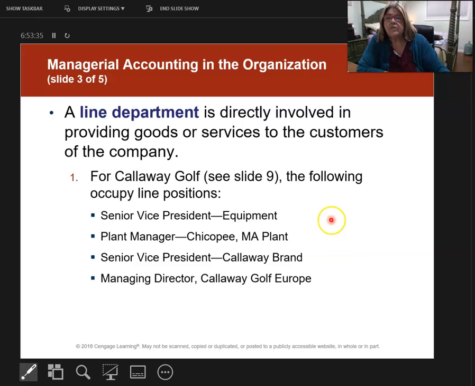Examples of line departments are the senior VP of equipment, the plant manager, the senior VP of the particular brand, and the managing director. These people are directly involved with providing my products to the customers.